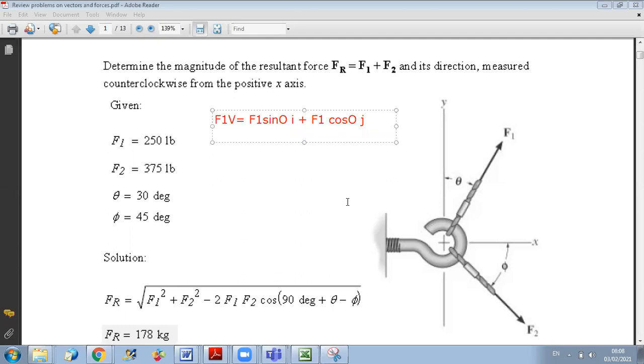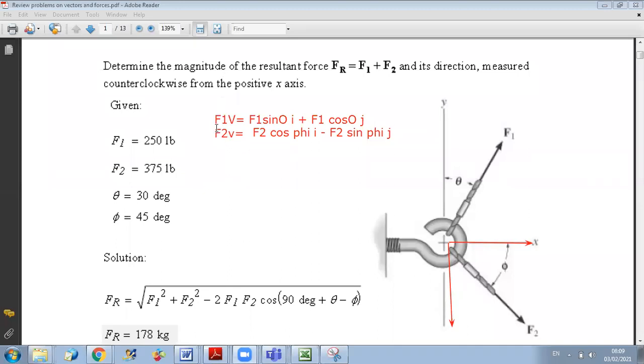Now for F2, if I decompose, as you can see, F2 will have a positive projection on X, but a negative projection on Y. So F2 vector is equal to F2 cosine phi along i and minus F2 sine phi along j. So in this way, I got the components of F1 and F2.